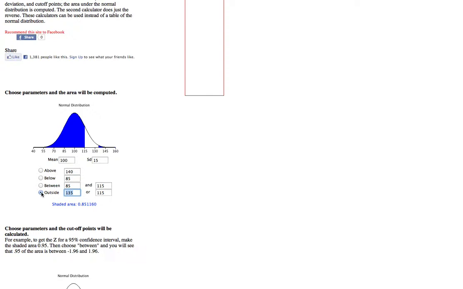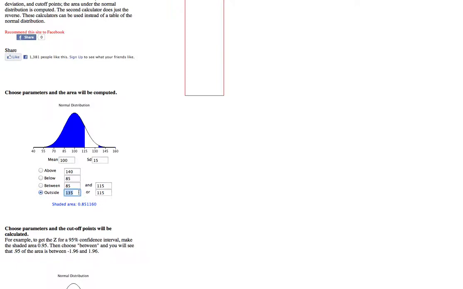And then if I wanted to find the percent of the population that did not have an IQ between 115 and 135, then that would be 85% of the population. It's kind of a strange question.